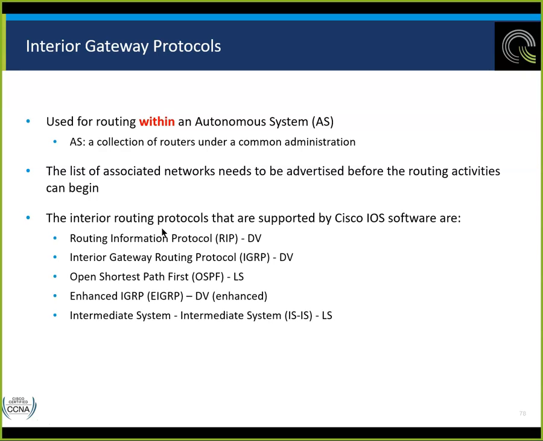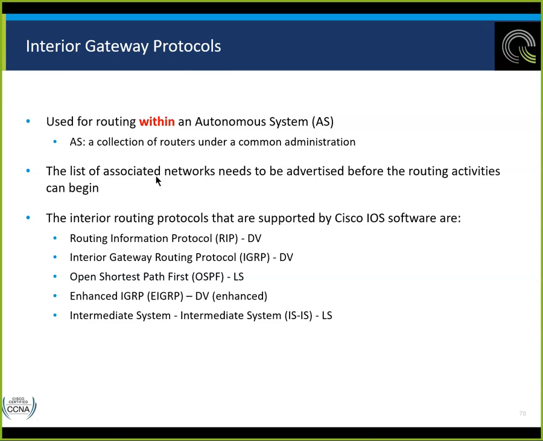The interior protocols that are supported by Cisco are RIP and IGRP, not really anymore, and these are distance vector protocols. Link state: OSPF. And EIGRP, which at its heart is a distance vector protocol, but you'll hear it called, and we're going to call it, an advanced hybrid protocol. Intermediate System to Intermediate System, IS-IS, is also a link state protocol.